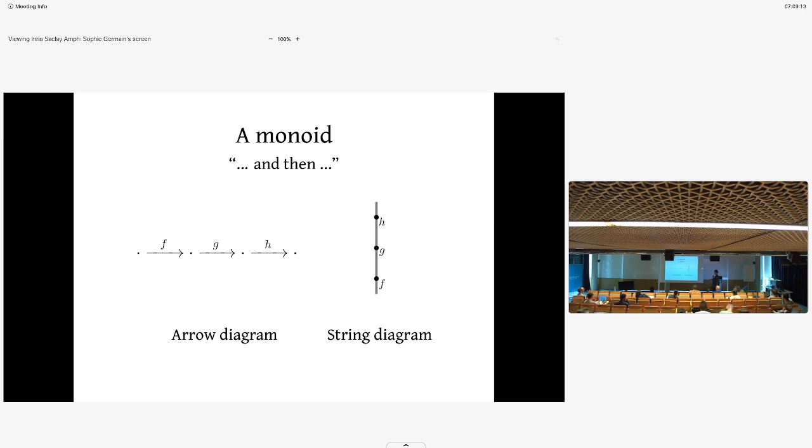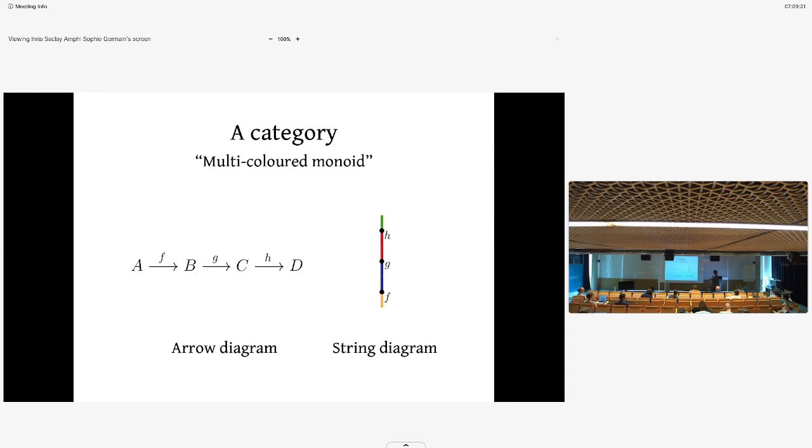I'm not quite sure why they seem so much better than arrows, but maybe it's like a homology, cohomology thing. Anyway, if people have thoughts about this, I'd like to know. But yeah, that's a wiggle.py string diagram. And categories are like multicolored strings here, or multi-object monoids.